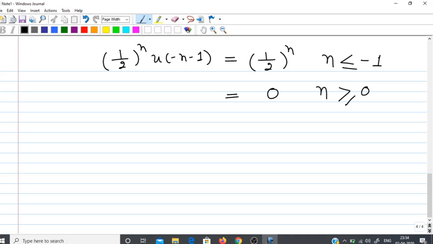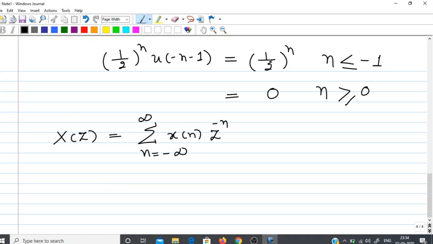Now from the definition of Z transform, what is the definition? X of z is the summation over n, where n runs from minus infinity to plus infinity, of x of n, z to the power minus n.